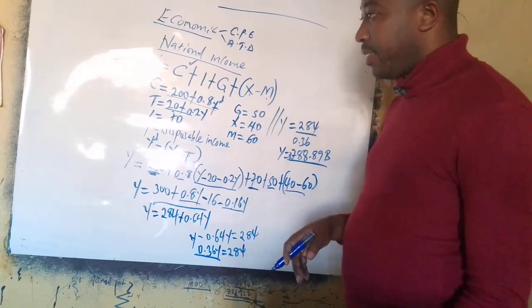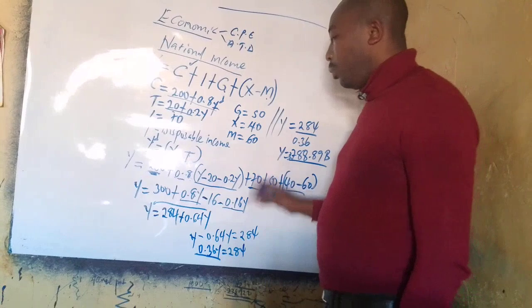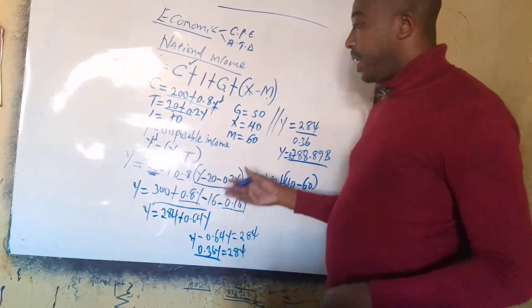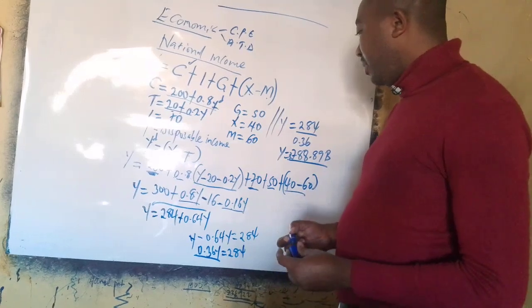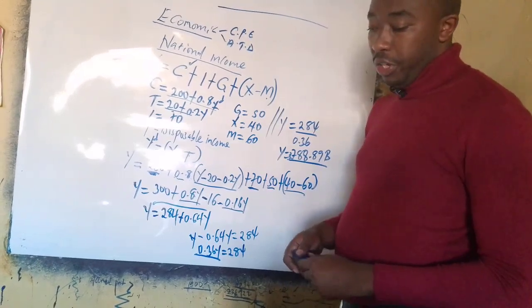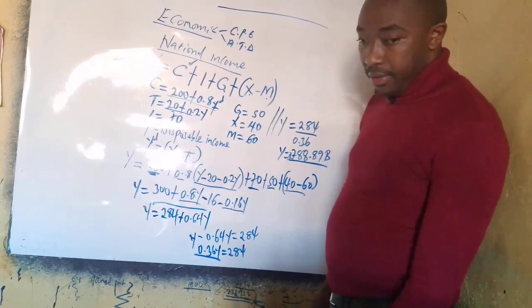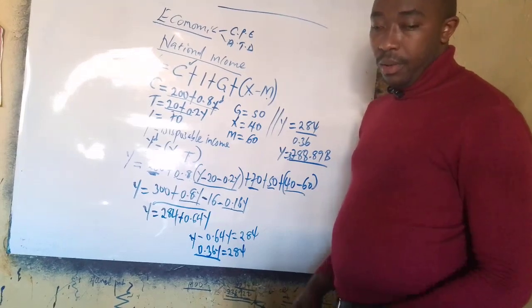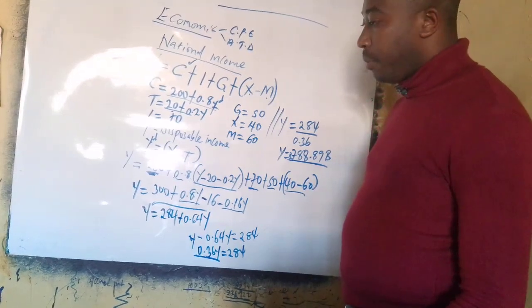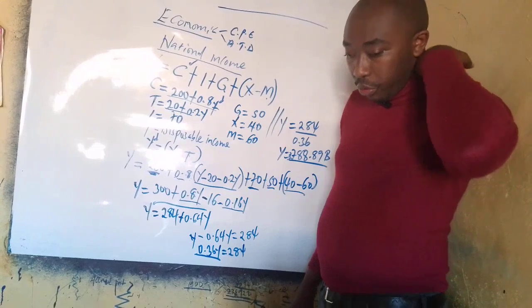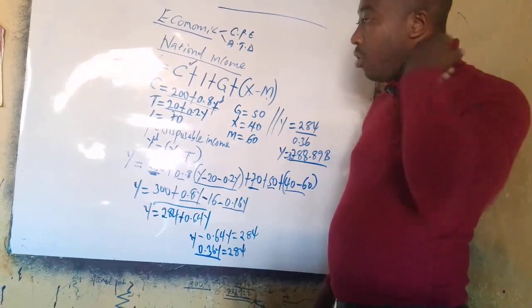Yeah, good. That is how we compute the equilibrium level of national income, and that is my answer. My answer is shillings 788.89 billions. From that, Roman 2, they want us to compute the consumption.